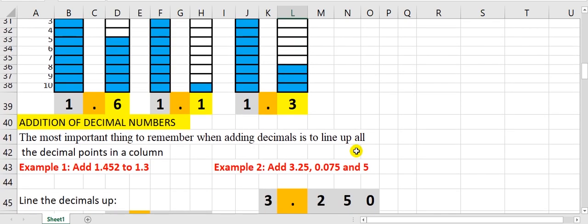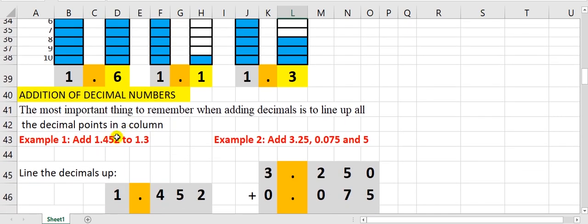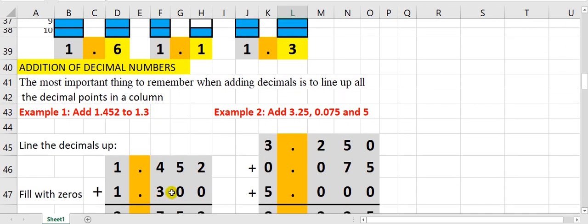Okay? We go to the addition of the decimal numbers. We must arrange the numbers and the decimal places, like here. As an example here, I want to add 1.452 plus 1.3.